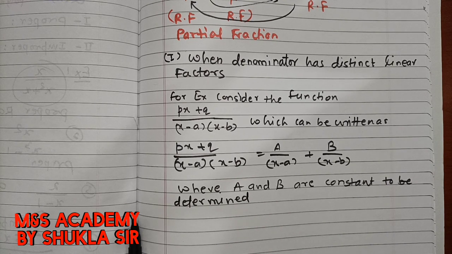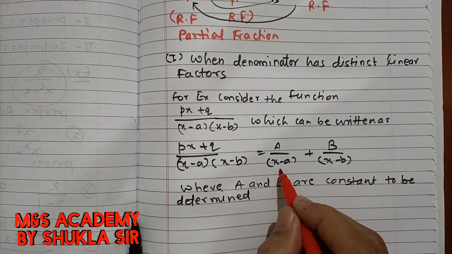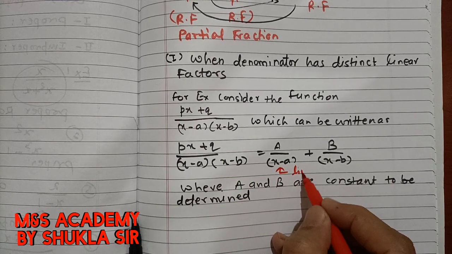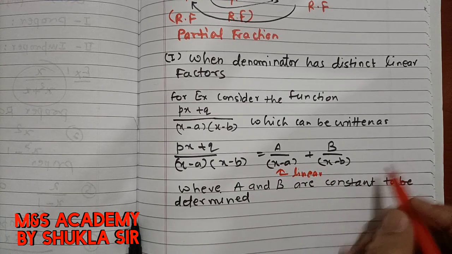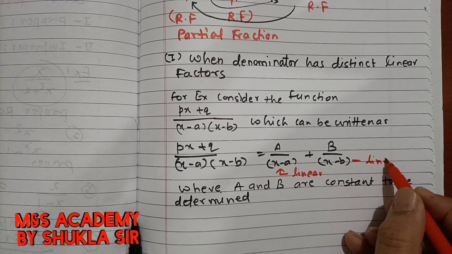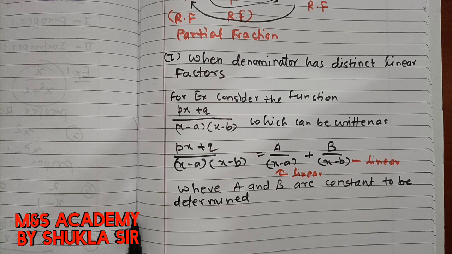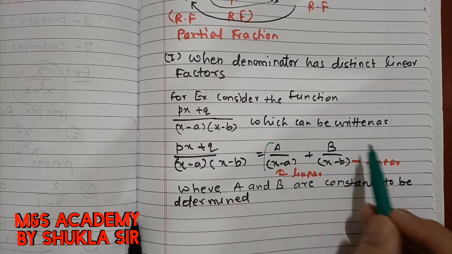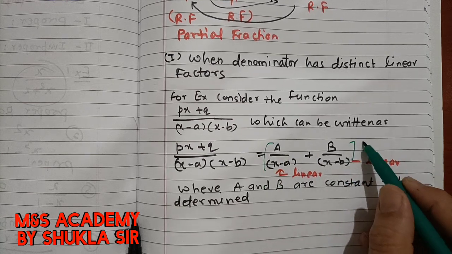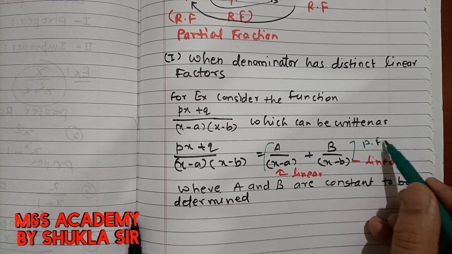We can see here this is linear, this one is also linear, and A and B are the constants we need to determine, and the RHS part now becomes partial fractions.